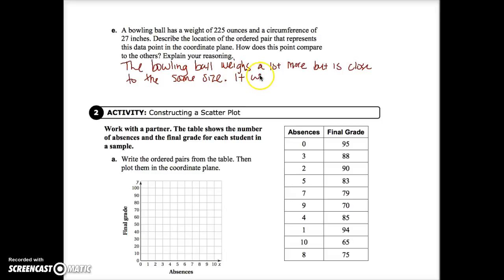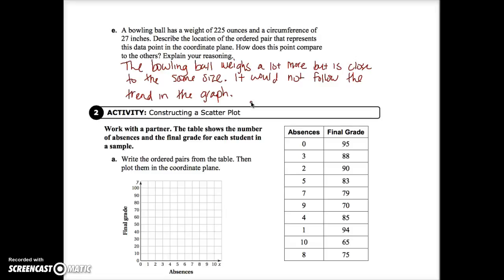It would not follow the trend in the graph. Okay, so it doesn't really follow the consistency that those other balls followed.